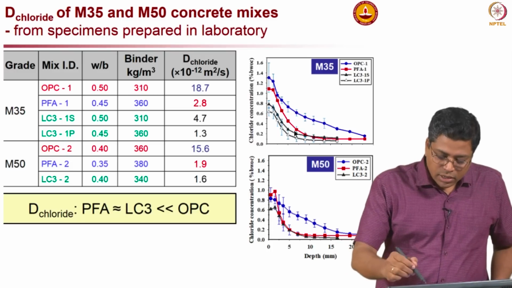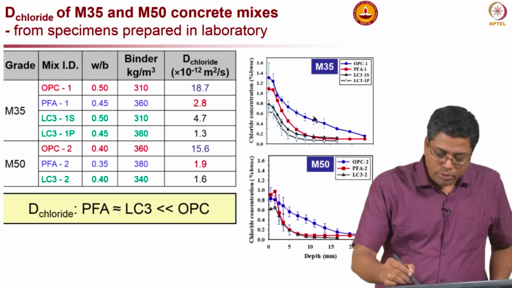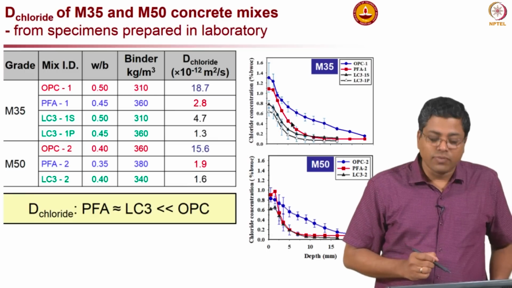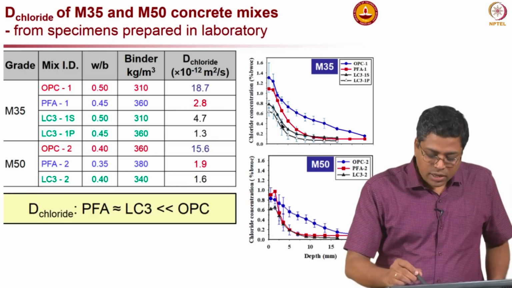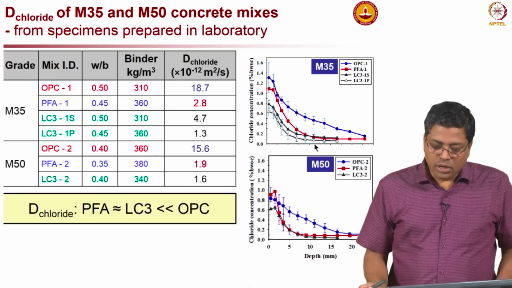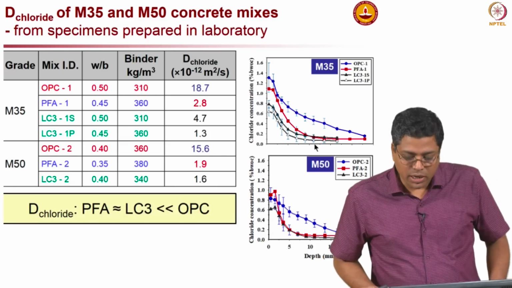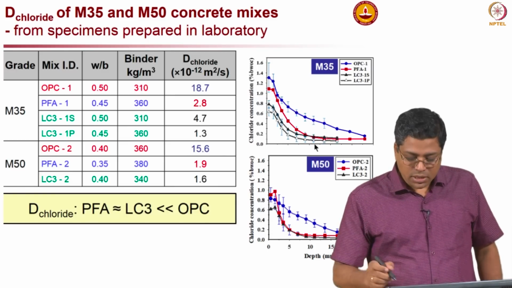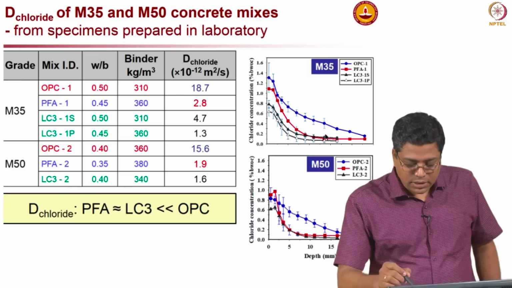You can see here the blue curve is for OPC concrete, and the red curve is for the fly ash based concrete, and then the black curves are for a new type of concrete which is made out of LC3 cement, limestone calcined clay cement.